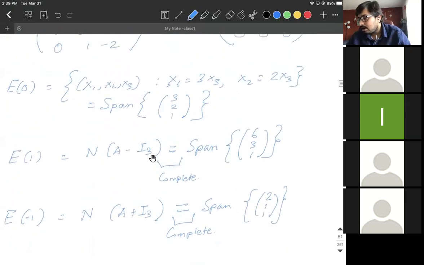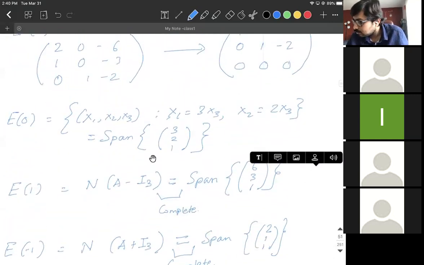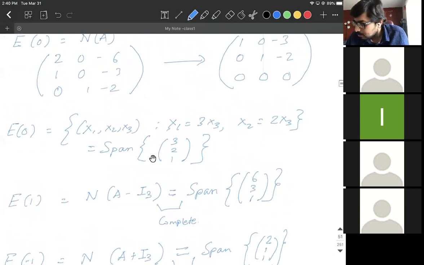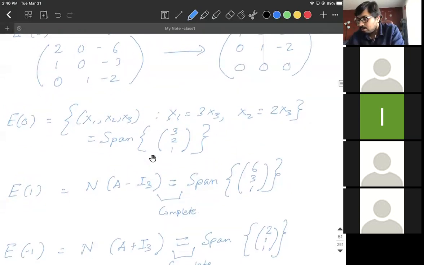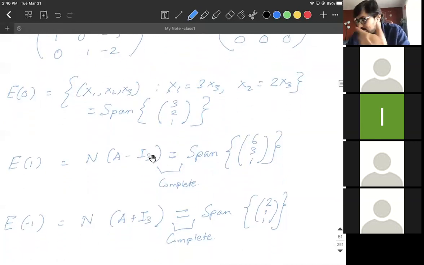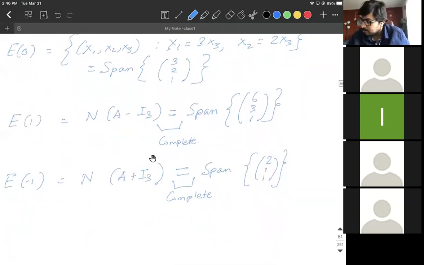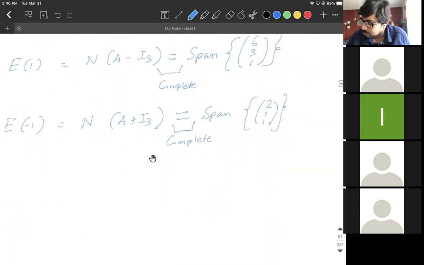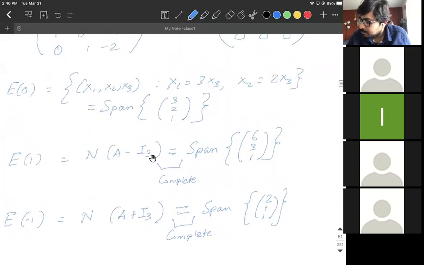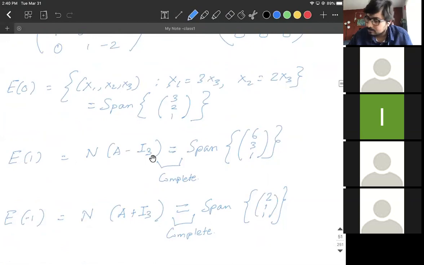So any other eigenvector for 0, let's say, is a multiple of 3, 2, 1, or for eigenvalue 1, it's a multiple of 6, 3, 1. For minus 1, it's a multiple of 2, 1, 1. Okay. So these are the representative eigenvectors from the eigenspaces.